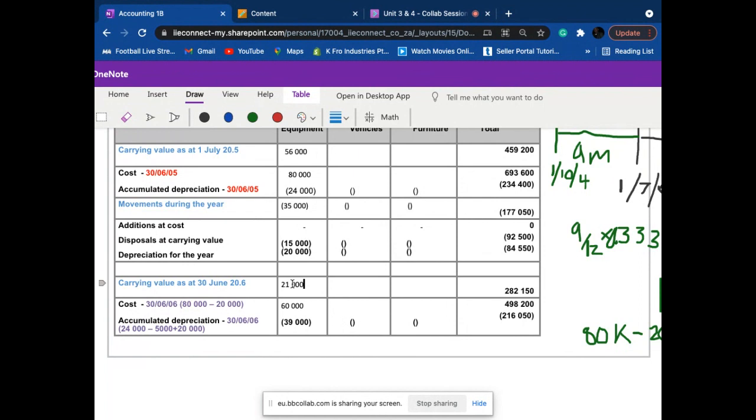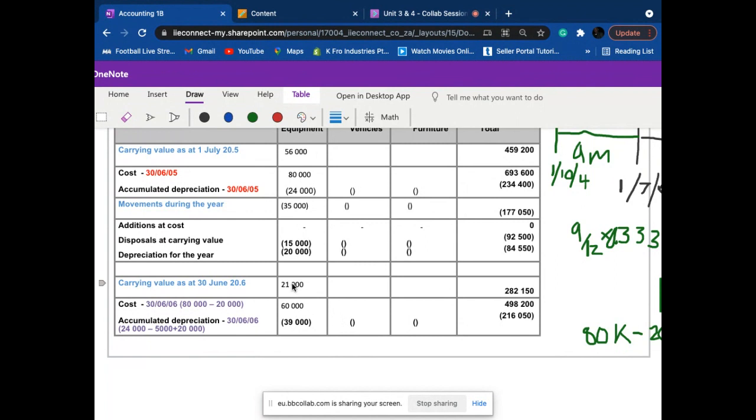Now, guys, be very careful to make sure that you know that your depreciation and accumulated depreciation are negatives. Also, your disposals are negatives. But when we add an asset, in other words, additions at cost, that's going to be a positive amount, because our asset is increasing.